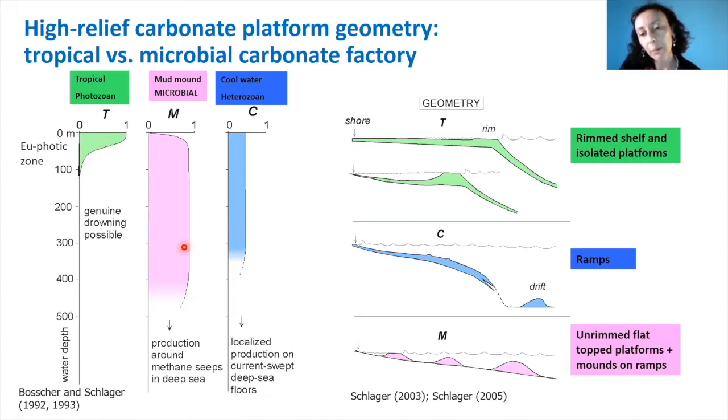For the microbial carbonate factory, we know that carbonate production is often light independent and can continue to depths that are 300-400 meters in aphotic zone.